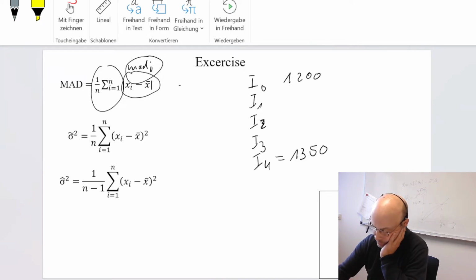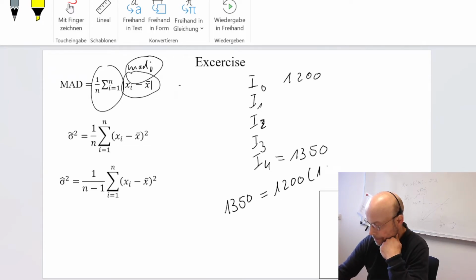So the question is, 1,350 is equal to 1,200 times 1 plus our interest rate R, and we go 1, 2, 3, 4 times up to the 4.